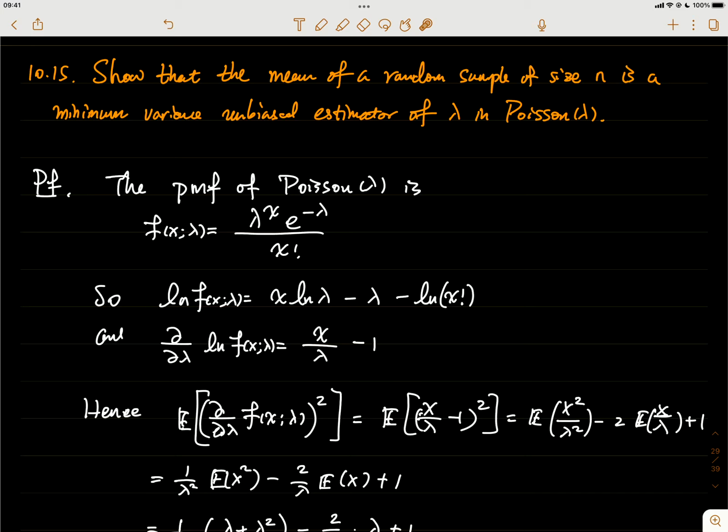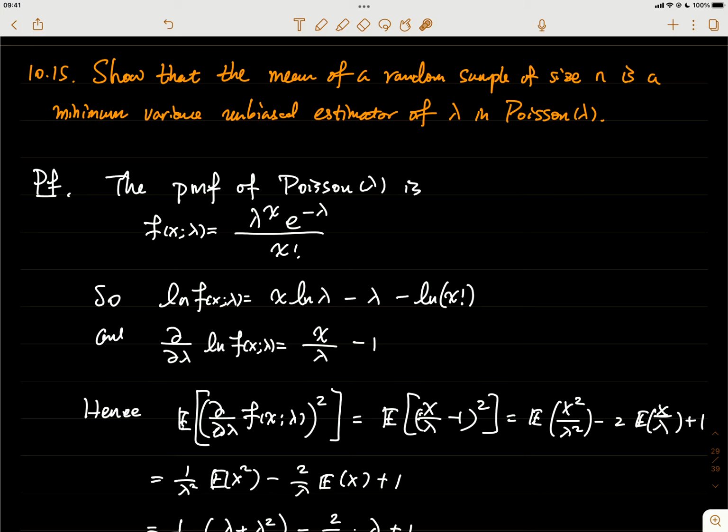we first need to show that the sample mean is always an unbiased estimator, and that is something we have shown in class. So here, what we need to show is that it's actually the minimum variance unbiased estimator. It has the minimum variance that is ever possible for an unbiased estimator to have.